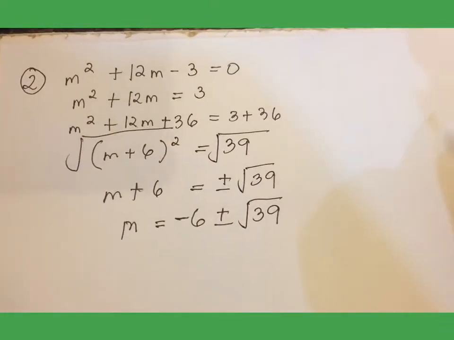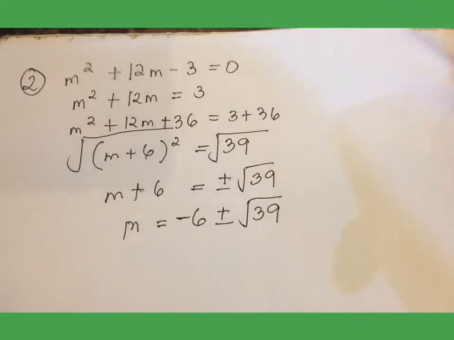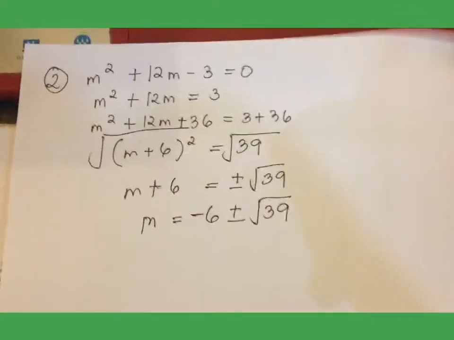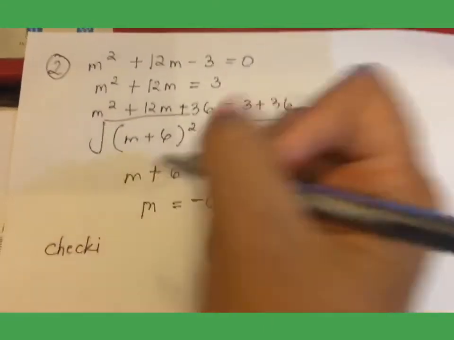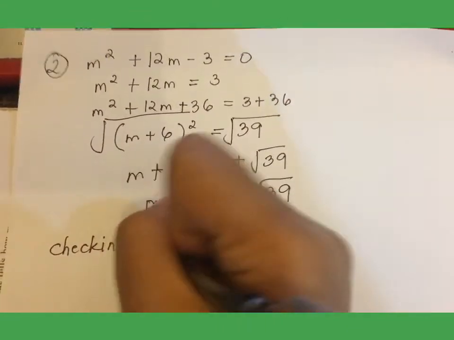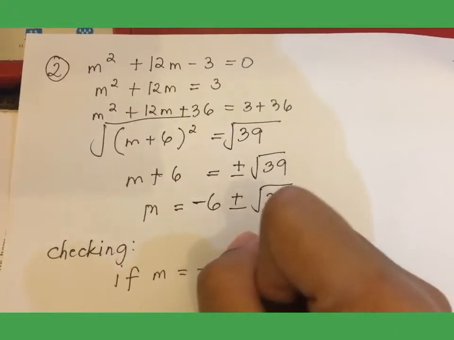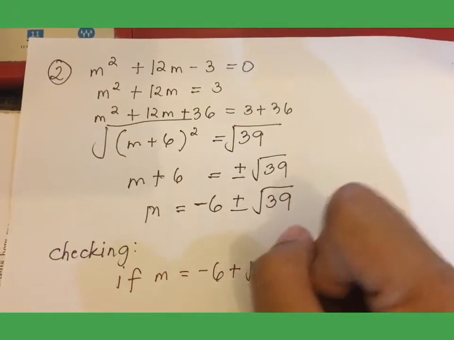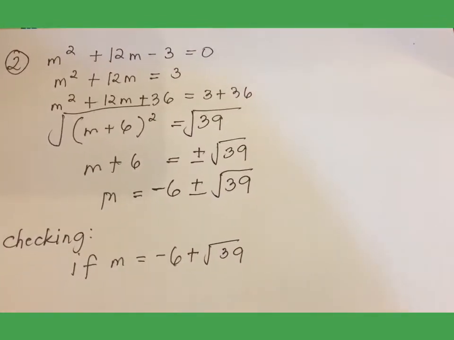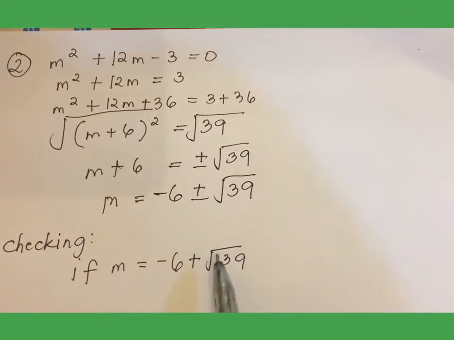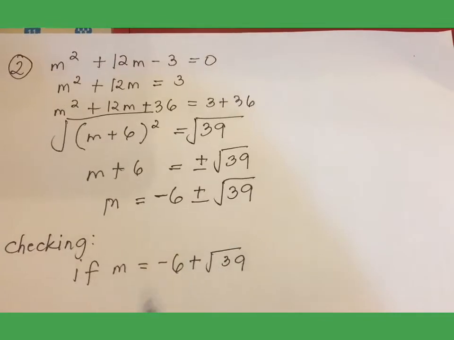Now, I want to check if this satisfies the equation. So let's do the checking. If m is equal to -6 plus square root of 39, let us substitute this value into the original equation.